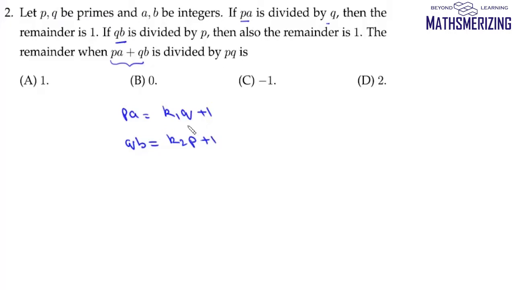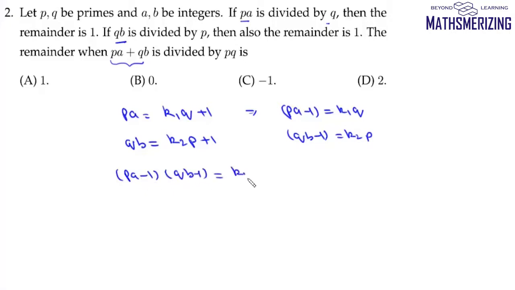Now we need to find, if we divide PA plus QB by PQ, what is the remainder? So what we'll do is express this as PA minus 1, which will be equal to K1Q, and QB minus 1, which will be K2P. Now we'll multiply them both. We write (PA minus 1) into (QB minus 1) equals K1 K2 into PQ.